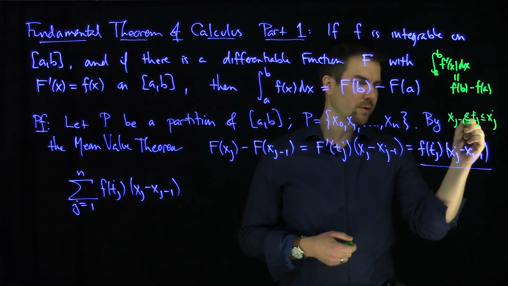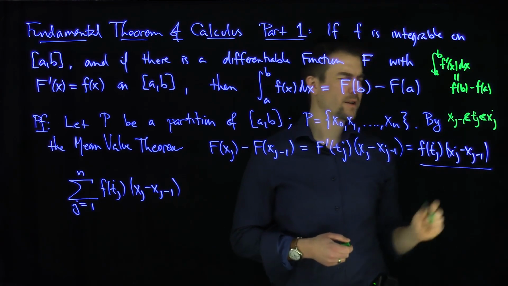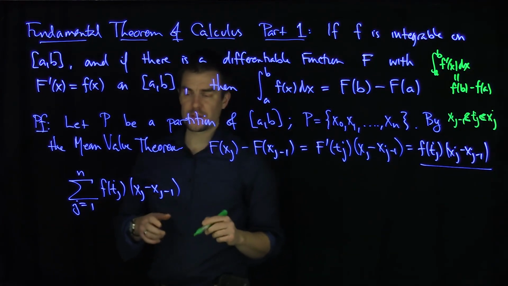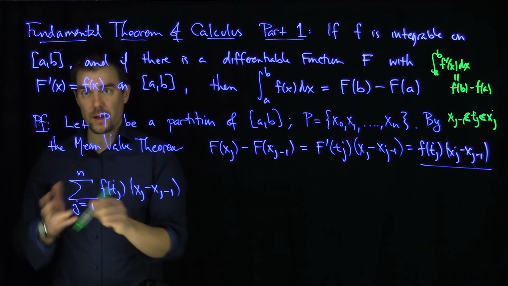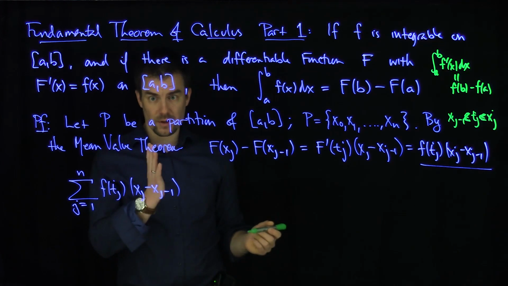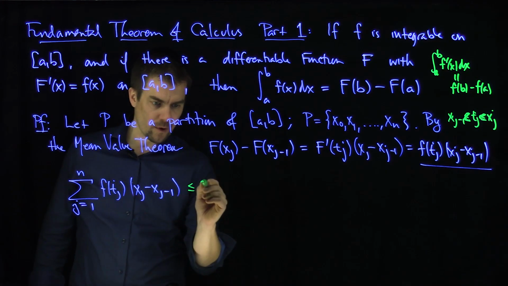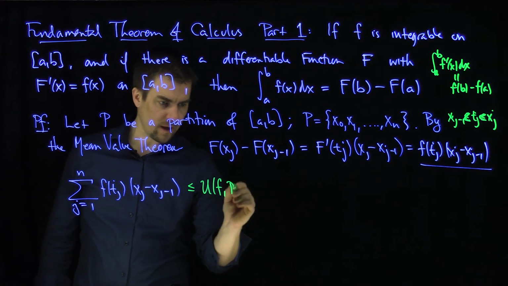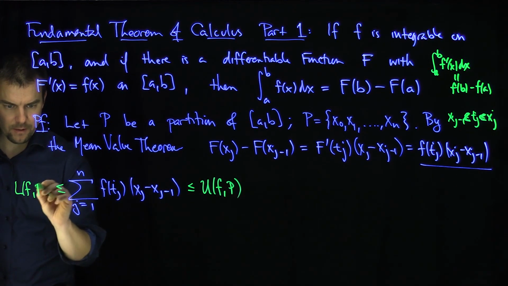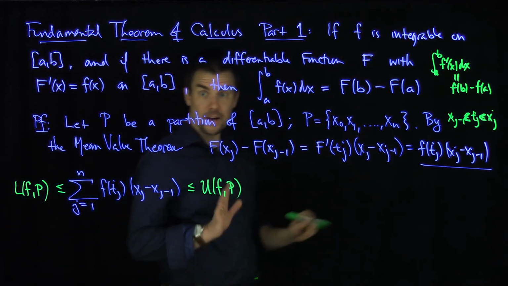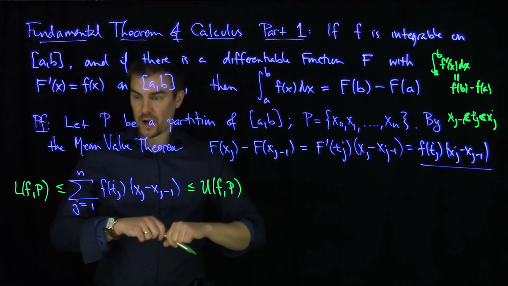So tj is no more than the maximum on this interval, and it's always bigger than or equal to the minimum. So this thing is less than or equal to U(f,P), and it's bigger than or equal to L(f,P), no matter what the tj are.